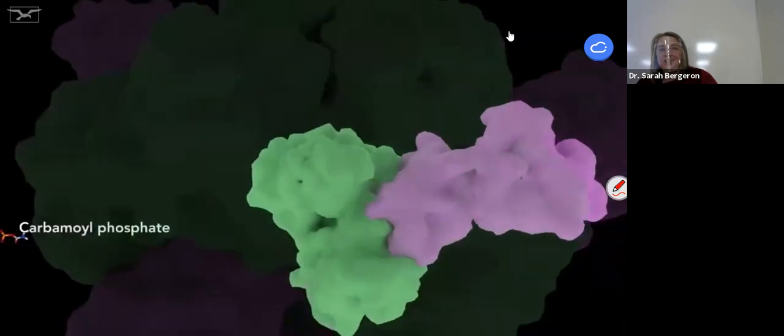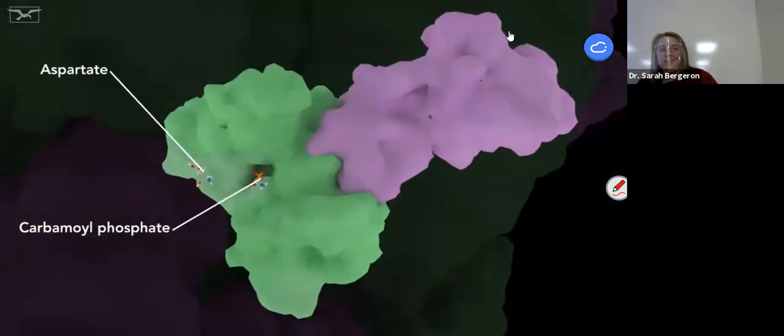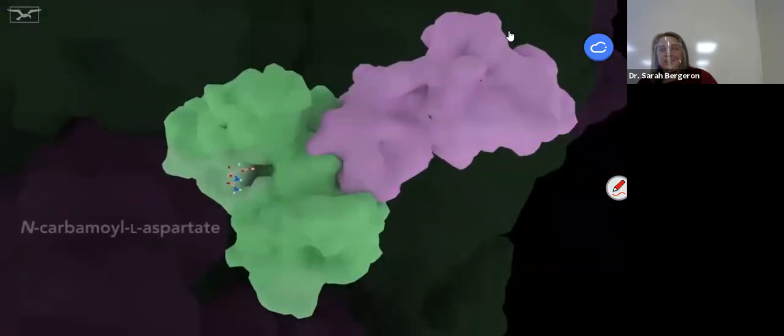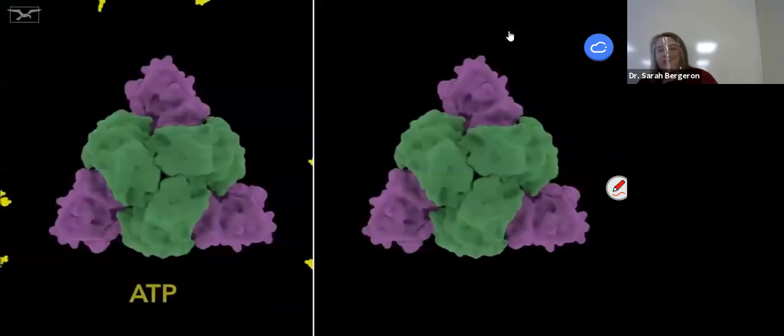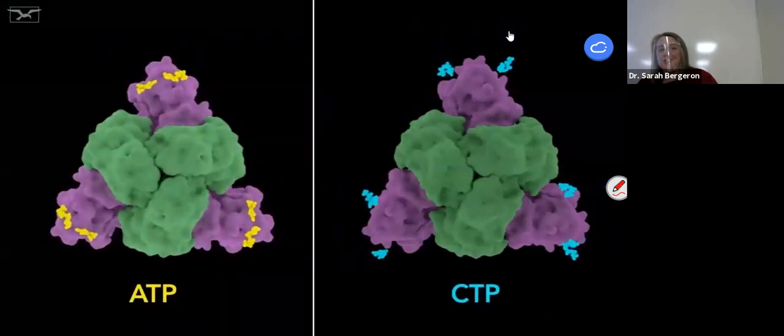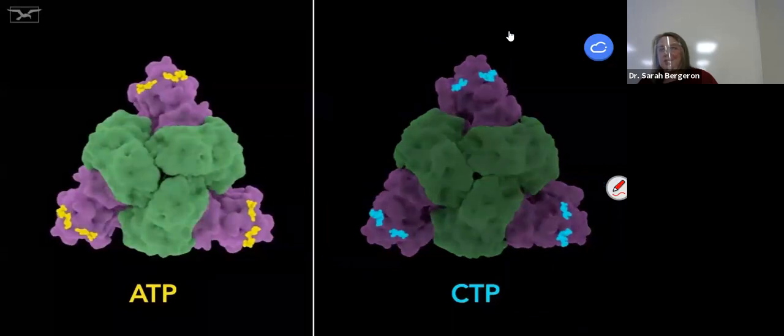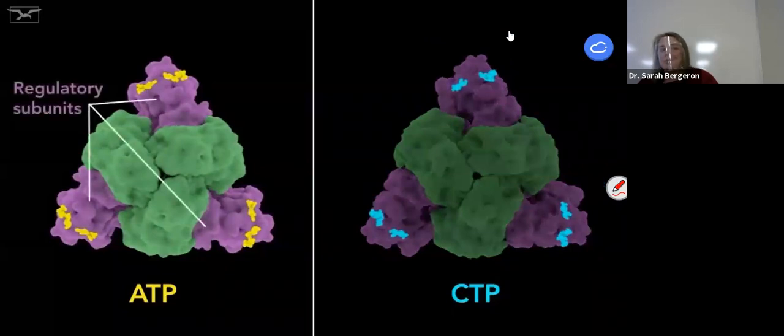Specifically, ATCase catalyzes the formation of N-carbamyl L-aspartate from carbamyl phosphate and aspartate. ATCase activity is upregulated by binding to ATP and downregulated by binding to CTP, the end product of the pathway. This regulation ensures that if enough CTP is already present, more will not be made. Note that ATP and CTP bind to a site that is distant from the active site of the enzyme and are thus considered allosteric regulators.